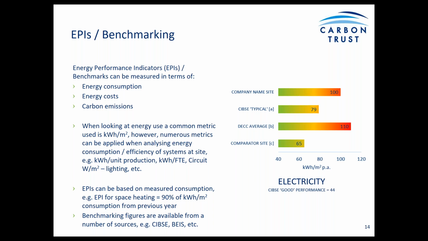So depending on what sector your business is in, you may have set overarching targets. For example, for your buildings, you might have kilowatt hours per square meter targets for electricity and gas consumption.